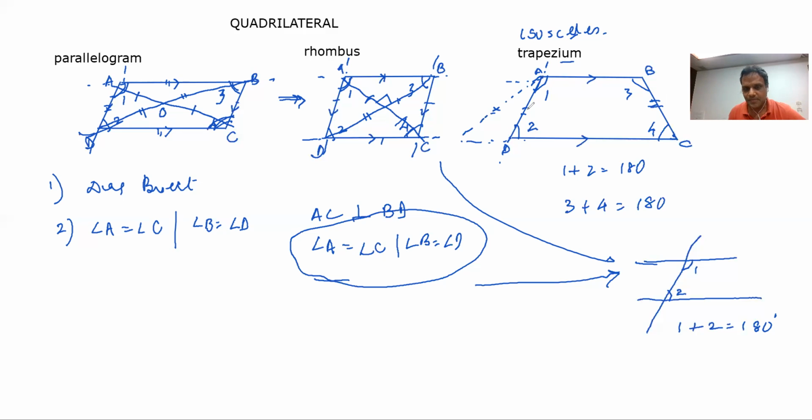Isosceles trapezium has got two base angles also, angle 2 and angle 4, which are equal. So angle 2 is equal to angle 4. Base angle on the bigger parallel side. Similarly, there are base angles on the smaller parallel side, which are denoted by 1 and 3.